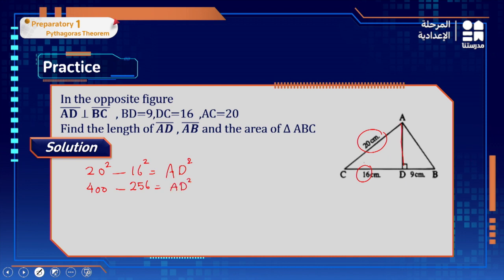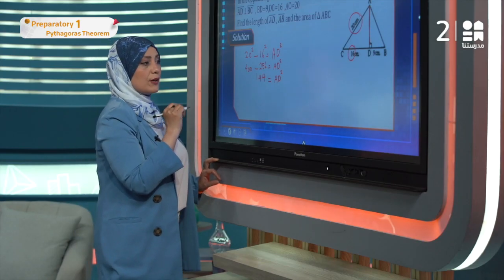Let's subtract them. 400 minus 256: 10 minus 6 is 4, and 9 minus 5 is 4, and then 3 minus 2 is 1. 144 equals AD squared. How can we find AD now? We are going to take the square root.